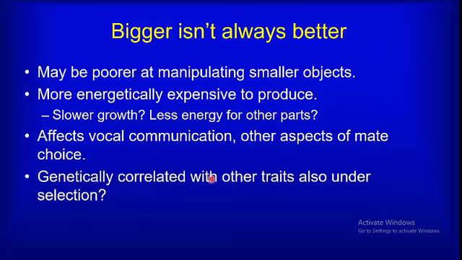The values of those traits and the fitness along those traits might go down. Now these are all conjectures. We don't really know which exact one of these is causing, or preventing, the evolution of big beaks forever.